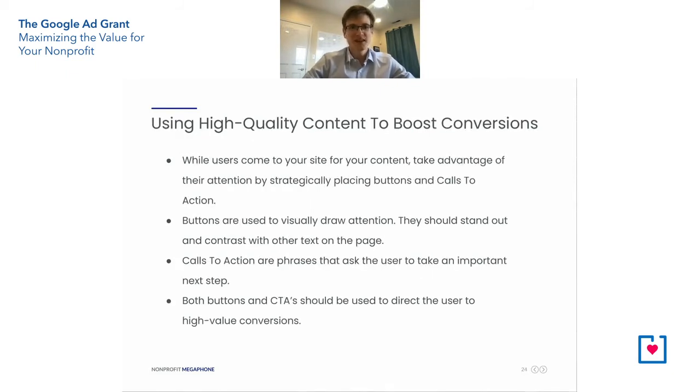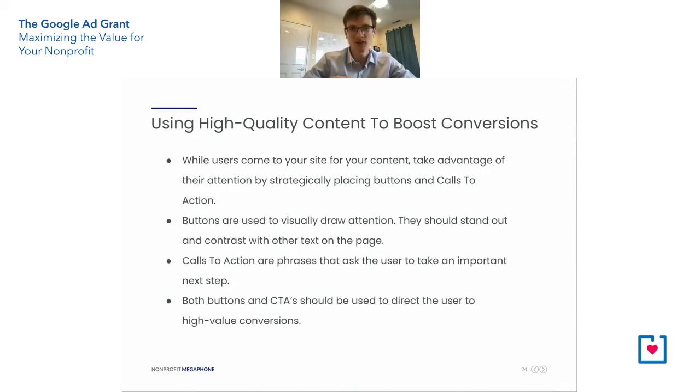Okay, the other big thing, as we mentioned, is conversions and having calls to action on each page that encourage people to take a next step. We'll talk about this a little bit in a second, but there are tools like Google Analytics or Google Tag Manager, which you can use to track when someone views a certain page, when they click a certain button, when they fill out a form, when they watch a video, when they click a link out to another site.